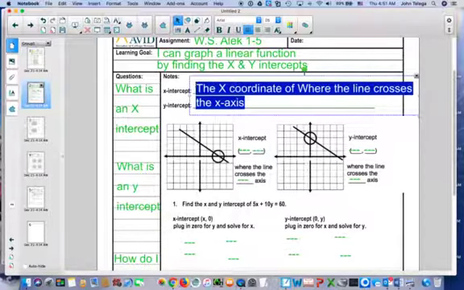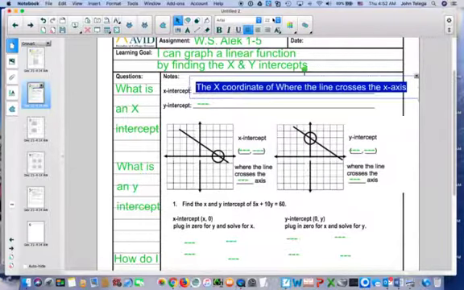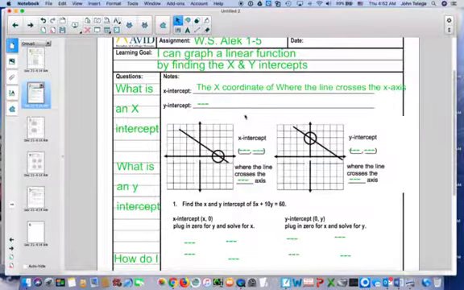You know what it means to intercept something. Like if the ball is intercepted in a football game, it was being thrown one way, and then where it crosses and another person grabs it, that is the x-intercept, right? This is the x-axis right here, this one that goes this way. This little dot represents where it crosses.